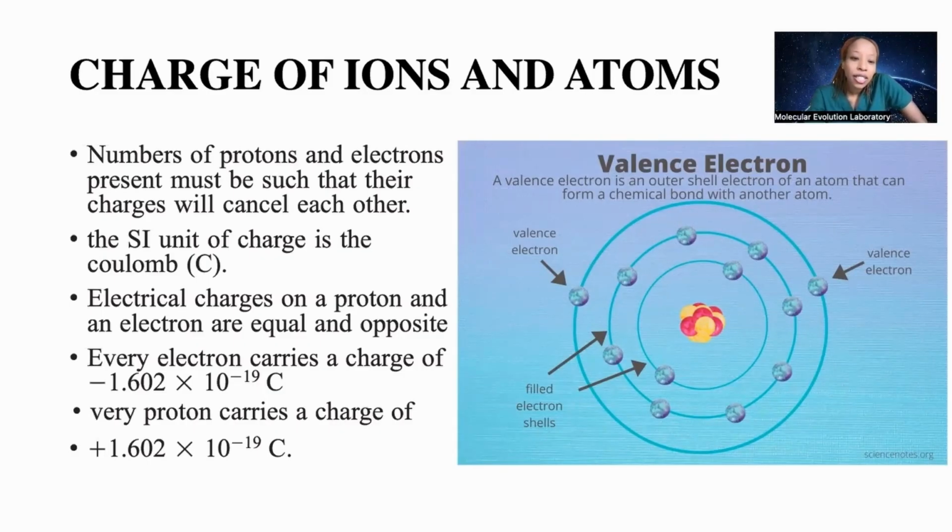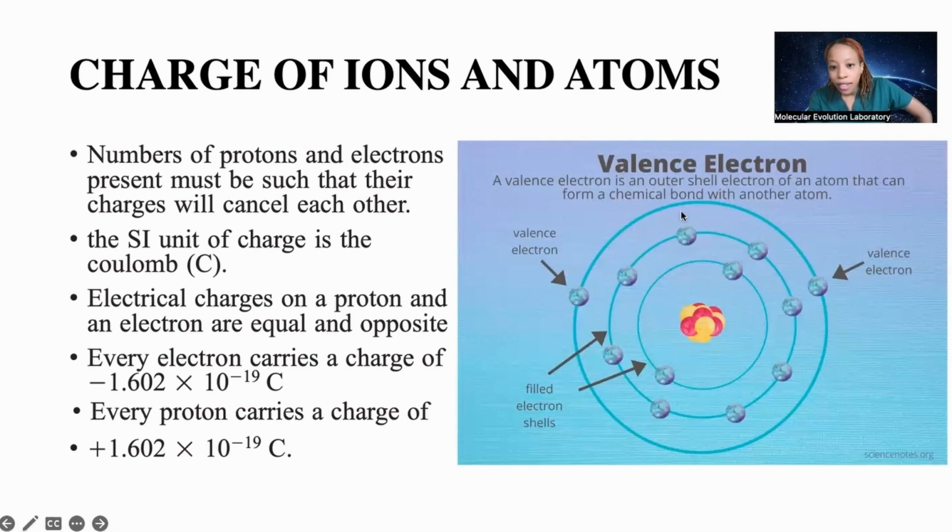The International System of Units measures charge in coulombs. Every electron carries a charge of -1.602 times 10 to the -19 coulomb. Every proton carries a charge of +1.602 times 10 to the -19 coulomb. As we said before, the valence electron is an outermost shell electron of an atom that can form a chemical bond with another atom.